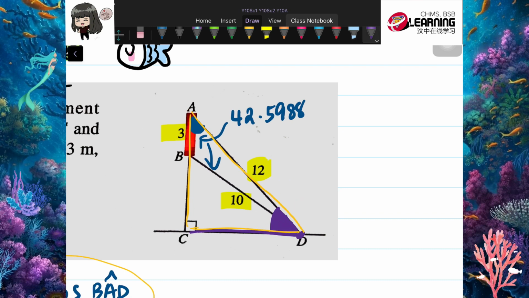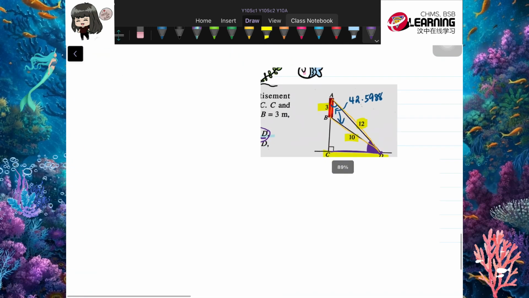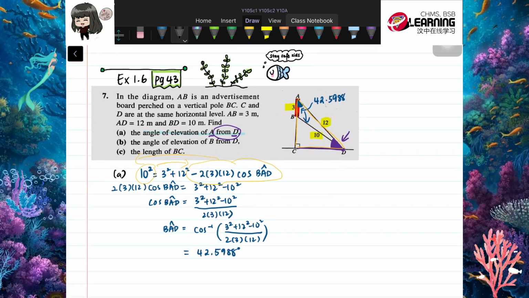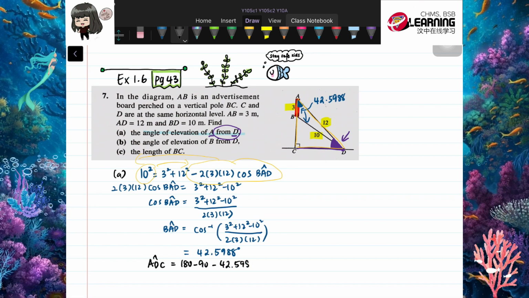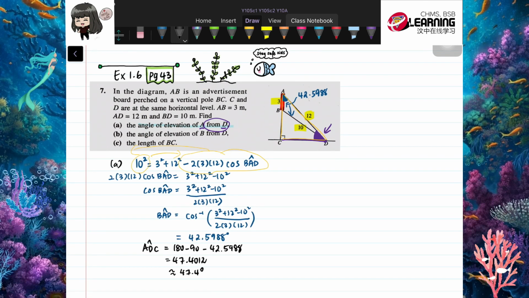So we find angle ADC, which is 180 minus 90 minus 42.5988, which gives you 47.4012, and you round off to 1 decimal place for the angle, which is 47.4 degrees. So that is the angle of elevation of A from D.